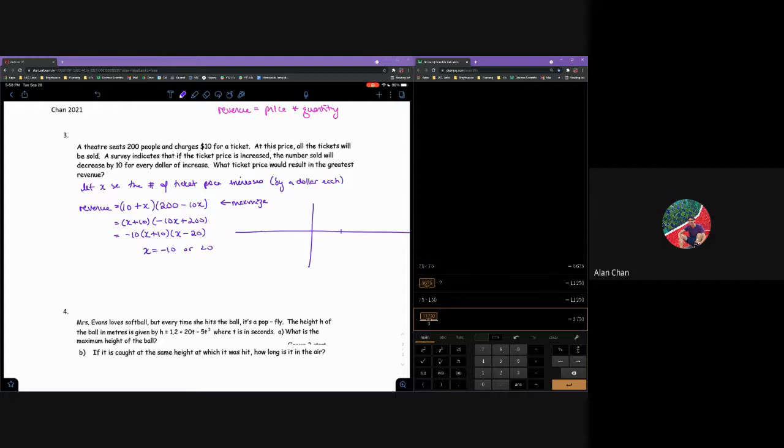Okay, so let's draw this out very roughly. We got, I don't know, 10, 20, this minus 10 is over here, right? And we've got our zeros at minus 10 and 20. So like this. So what is this value over here? Well, I think I already have it, right? It's minus 10 plus, oh, actually, it's wrong.